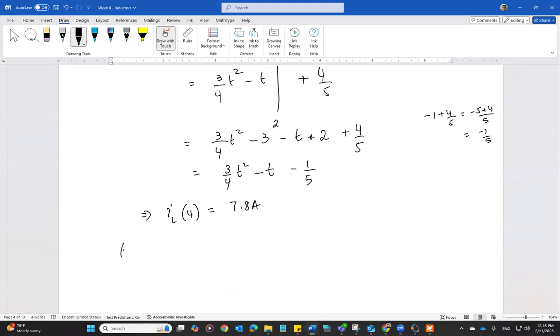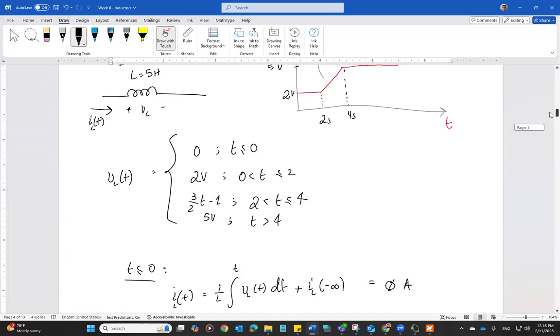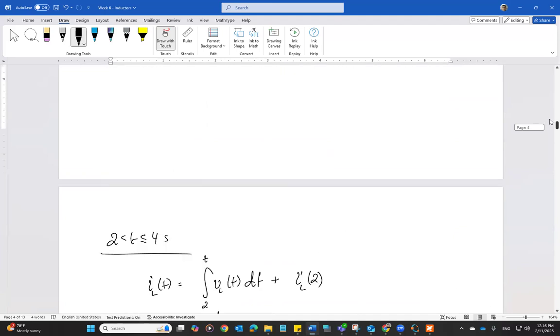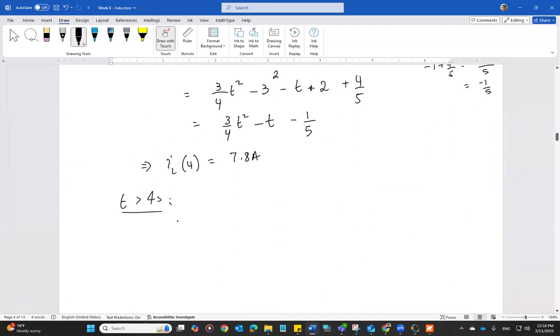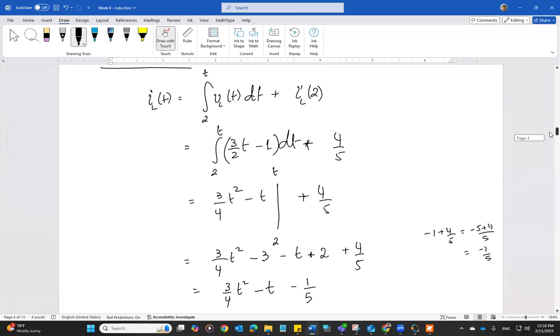And the next phase is that the time is greater than 4 seconds. And when the time is greater than 4 seconds, then my voltage is 5 volt. So IL(t) is 1 over L. Oh, I forgot 1 over L over there.